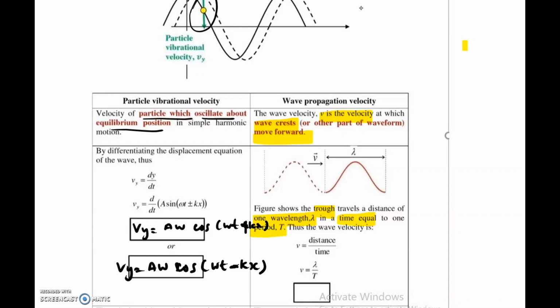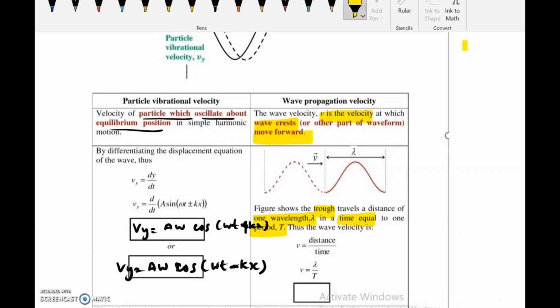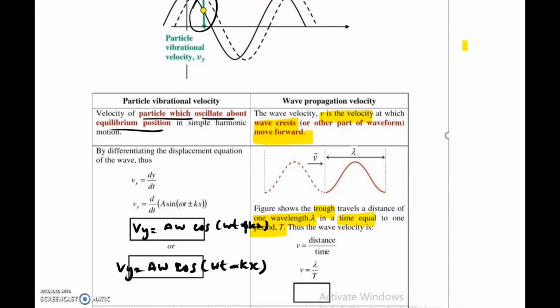So we have v equal to s over t. We will substitute: the distance is lambda and the time is the period. So the formula for wave propagation velocity is v equal to f lambda.